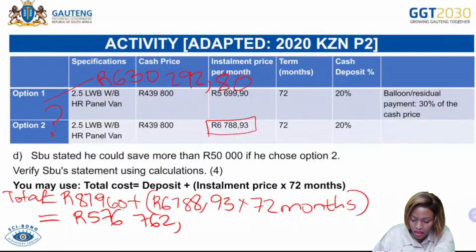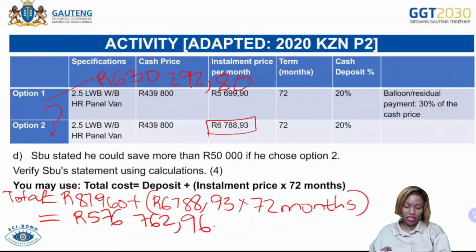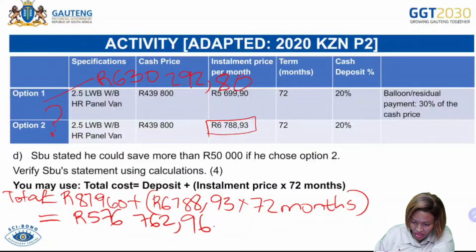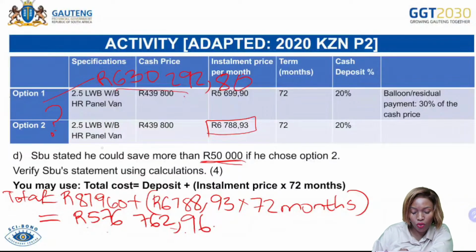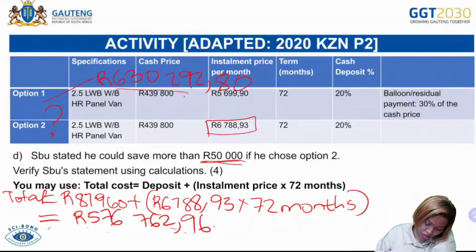576,762 and 96 cents. What did Sbu say? He said that he could save more than 50,000 rands if he chose option 2. So this is how much he'll pay for option 2, and this is how much he paid for option 1. Obviously for option 1 he is paying more, but let's see how much he could save.